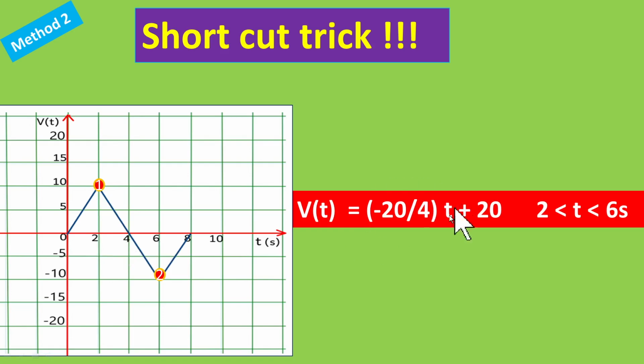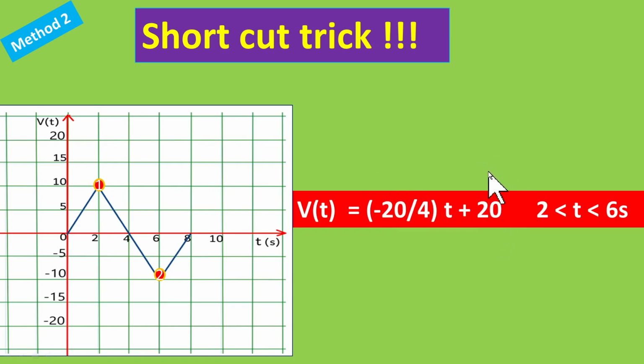So you can put it directly: minus 10 minus 0, so the variation along the y-axis is minus 10 divided by 6 minus 2 along the x-axis. So you get the m value as minus 5 into t plus, what about this 20?